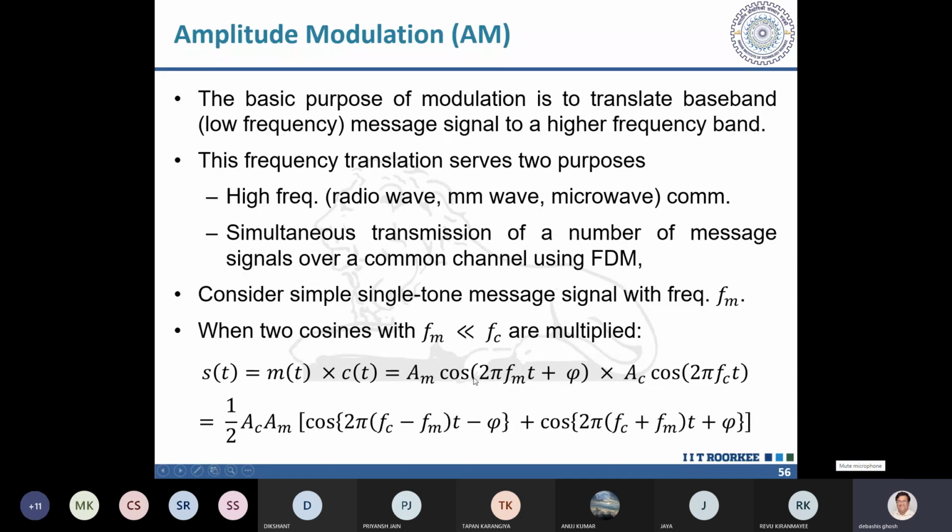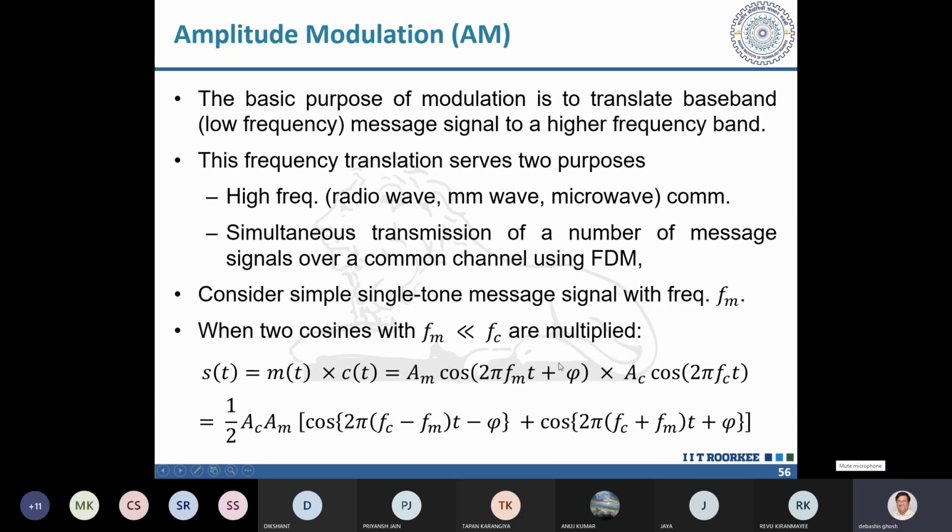Because I am writing it in the form of cos, but the signal may not be exactly a cosine. If it is sine, then phi is 90 degrees. If it is pure cosine, then phi is 0 degrees. So just to take care of anything like that, I'm putting some arbitrary phi. My message signal I'm writing in this form.